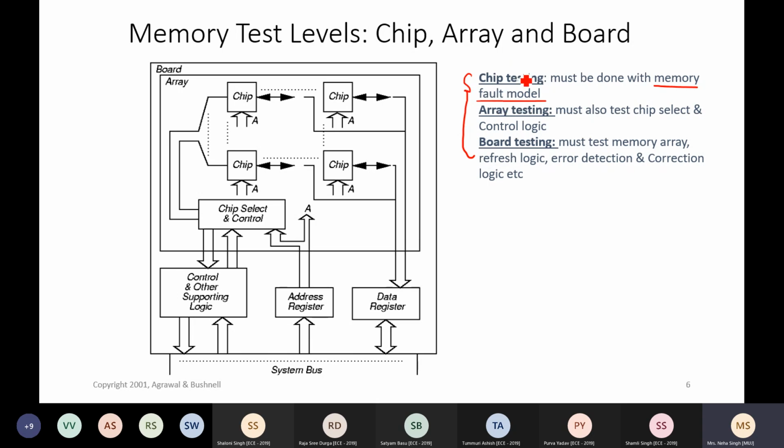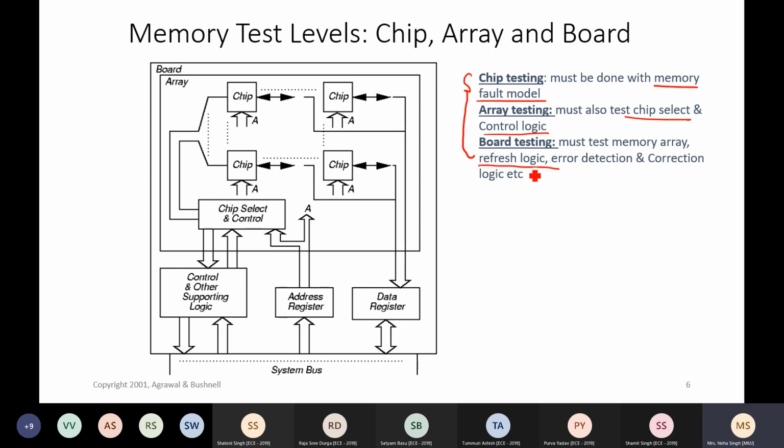Once the chip is tested and the memory cells are working properly, I need to work with chip select and control logic, meaning the location choosing, row decoder, column decoder: are they working properly or not. Then the third step would be, if everything is okay and I am able to identify the memory location as well, I need to go for other testing.